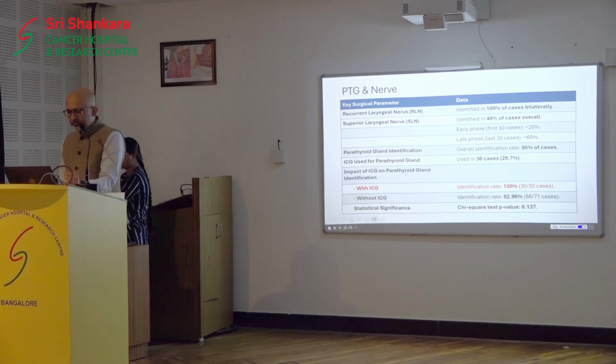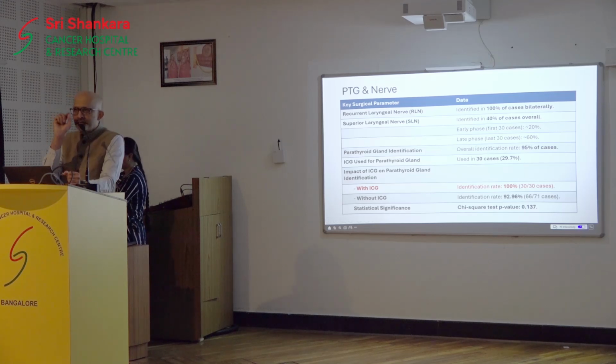Now, we went on to look at what really made a difference. When you look at the parathyroid gland, in the last about 50 cases or 30 cases or so, we started using indocyanine green to identify the gland. It's not about vascularity alone. We started looking at whether we can identify it convincingly with it or not. And in the 30 cases in which we used it, our identification rate was 100%.